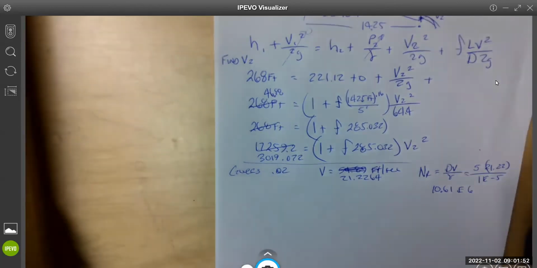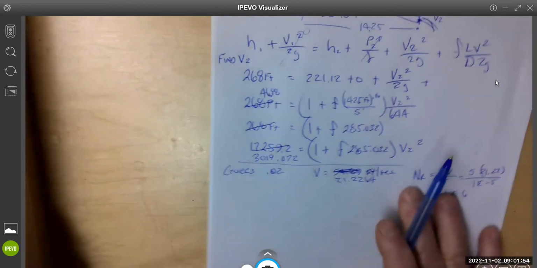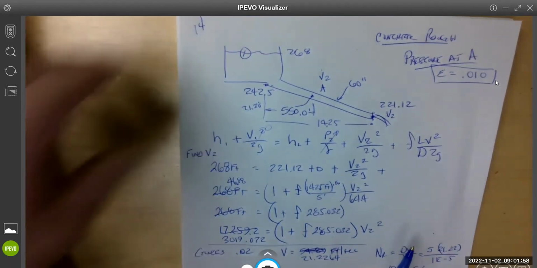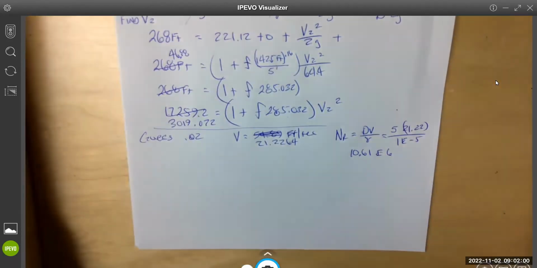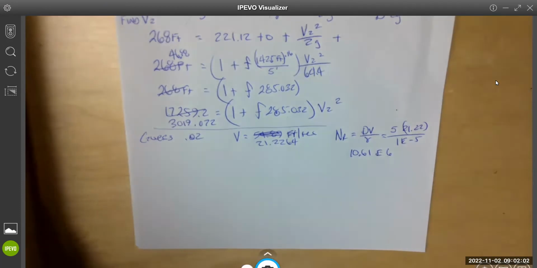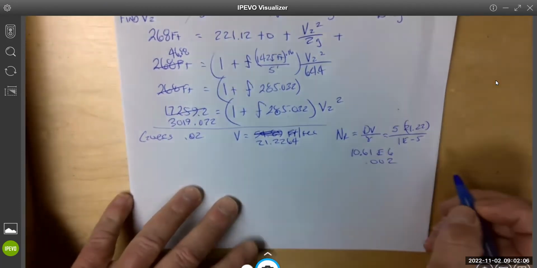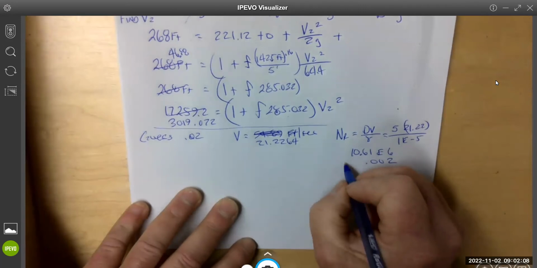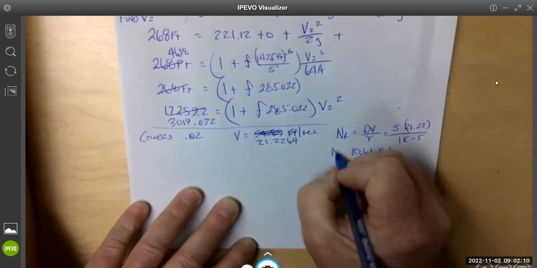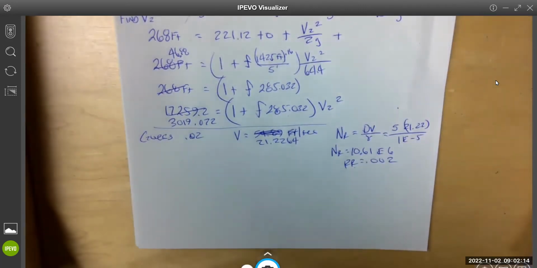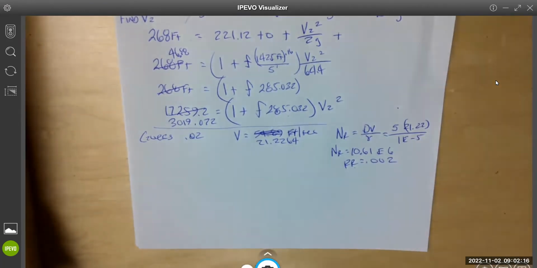That is our 0.010 for rough concrete over 5, so 0.002. This is the relative roughness. And then we can go for Moody's.